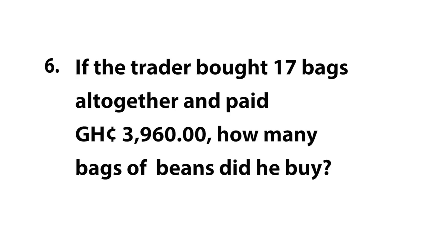If the trader bought 17 bags altogether and paid 3,960 Ghana cedis, how many bags of beans did he buy? As I said, try this on your own and refer to the notes.